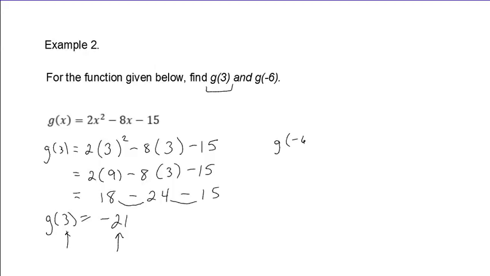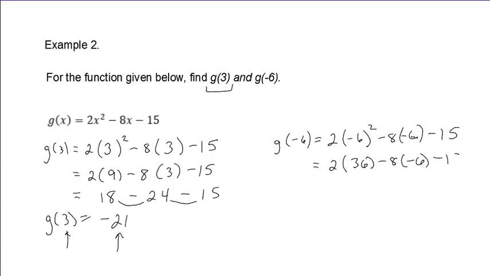If you need to pause now to do this problem, pause now before you see what I do. So we've got 2 times the variable squared minus 8 times my variable minus 15. It's a really good habit to get into. I cannot express to you how good that'll be for your math future if you can have good notational habits now. And so when I square, I get 2 times 36 minus 8 times negative 6 minus 15.